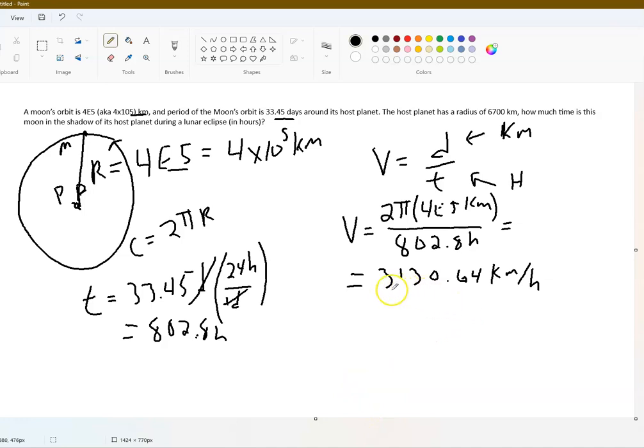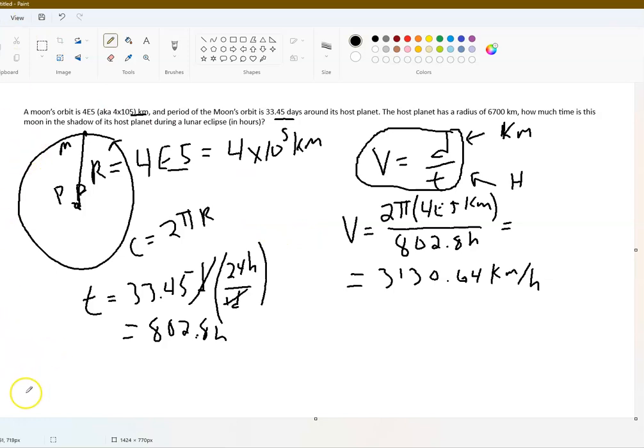Knowing this velocity and this equation, we're going to reuse this equation and rearrange it to solve for time. This is going to be the time that the moon is in the shadow.